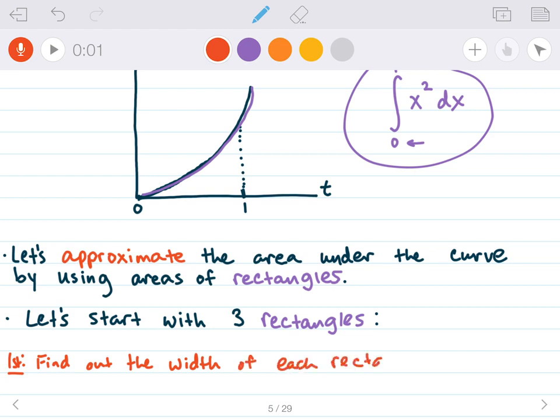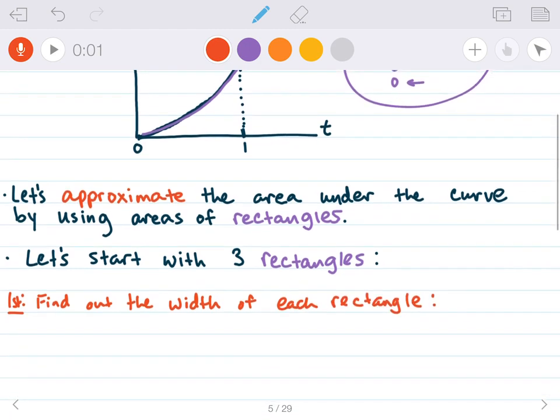So how do we find the width of each rectangle? We take the interval, b minus a, and divide it by 3, because we want 3 rectangles. So the width of each rectangle is going to be a third.